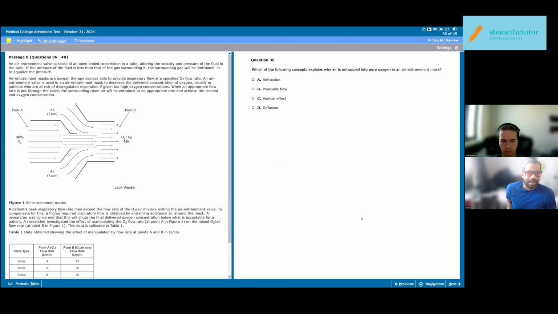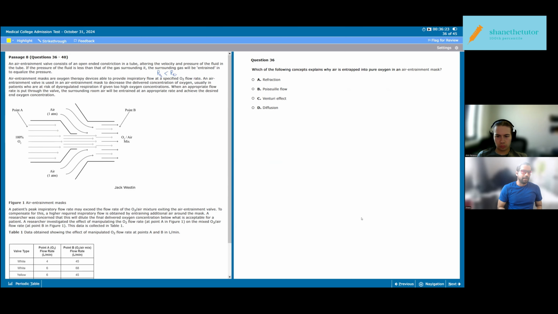And if the pressure of the fluid is less than that of the gas surrounding it, the surrounding gas will be entrained, or enter in to equalize the pressure. Okay. So entrainment is when the pressure of the fluid, in this case O2, is less than the gas surrounding it. The gas surrounding it is air, right?